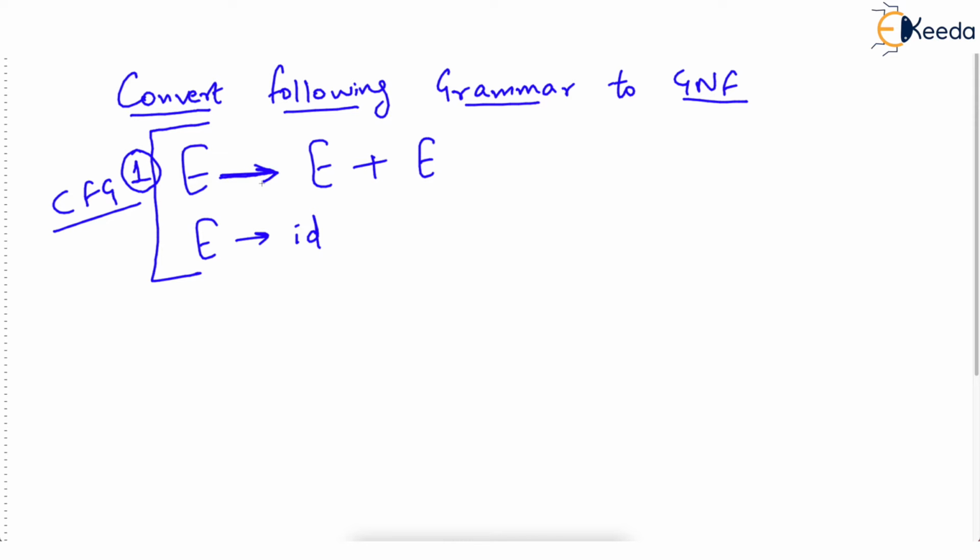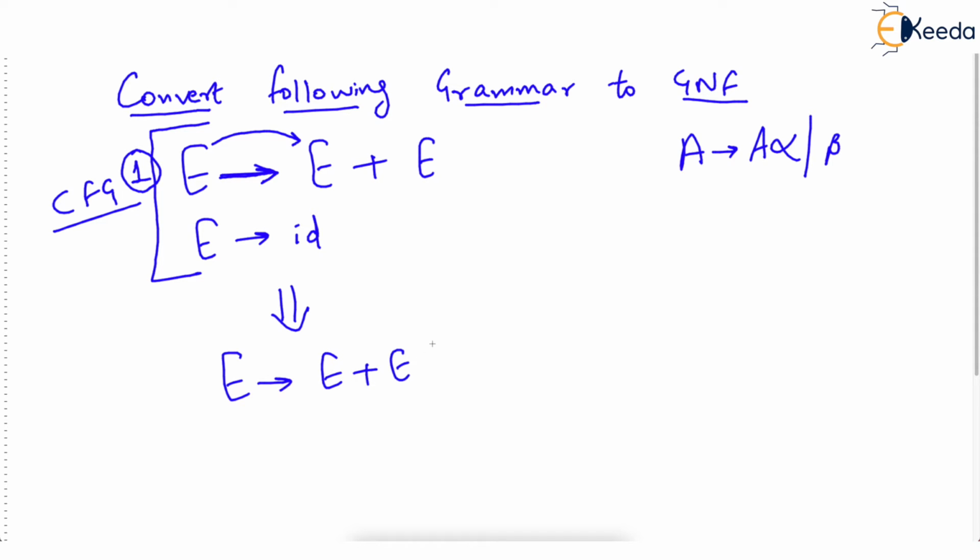E derives E plus E, where this particular production is left recursive. You can watch, this is of the form A derives A alpha or beta. I mean, if I write this as follows, E derives E plus E or ID. As you can see, E derives ID also, so I have written or.